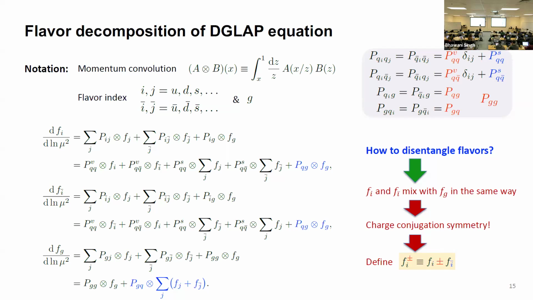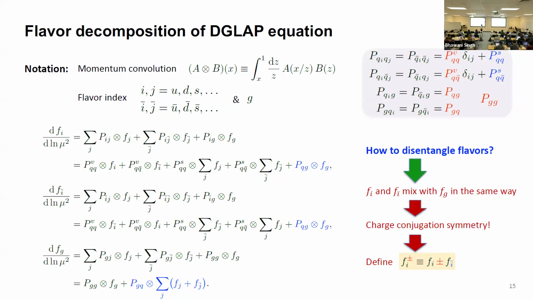And the gluons only mix with the sum of quark and anti-quark PDFs, again by the same kernel. Wait, this kernel is not the same as this kernel. They look very similar. This is a GQ, this is a QG. And the convention is the parton flavor on the right is the initial state parton, and the one on the left is the final state parton flavor.